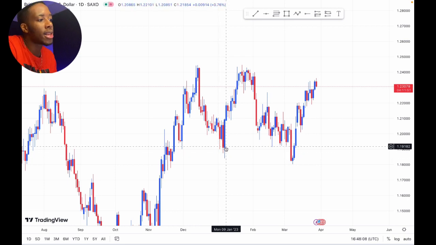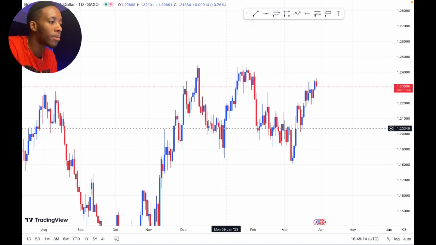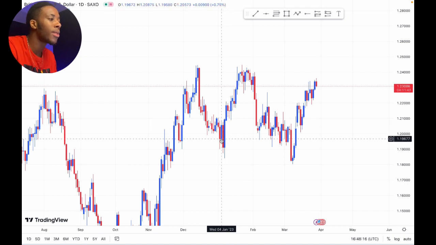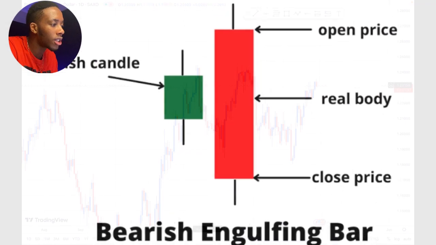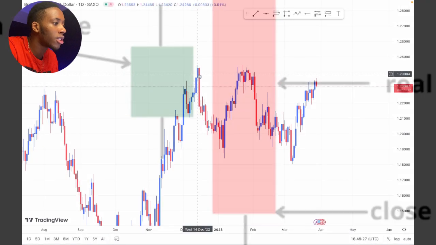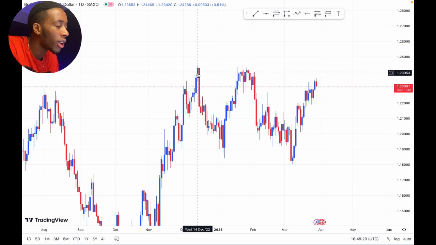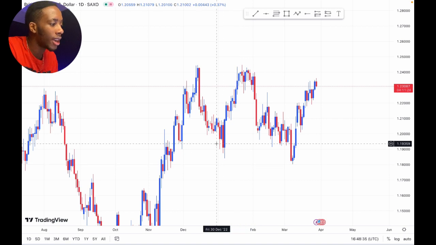This usually means buying momentum, buying pressure, is now becoming more powerful than selling power, and then usually the market goes upwards, right? And then bearish engulfing, here's another example. See how this red candle completely engulfs this blue candle and then price just fell. So it's the same thing, just vice versa, right?